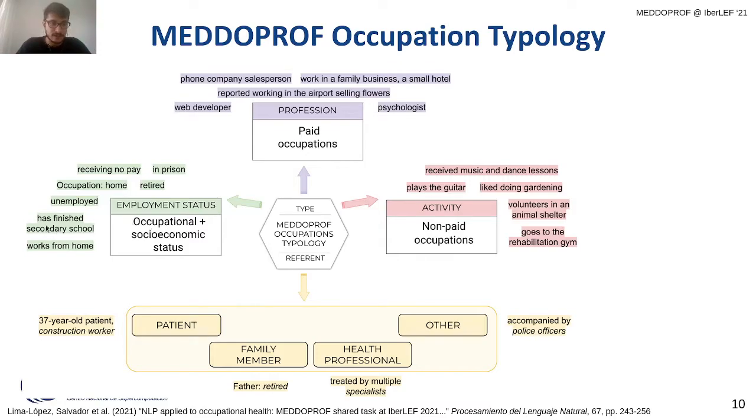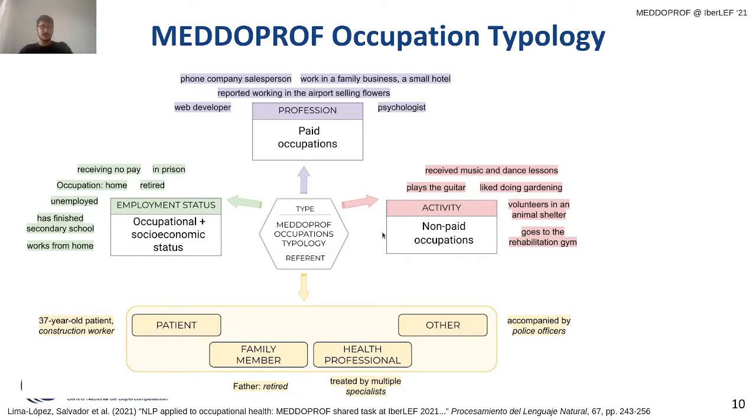For instance, has finished secondary school, works from home, which I showed earlier, receiving no pay, mentions about being in prison, and there are also some mentions that are semi-structured, such as occupation home. And finally, we have activities, which are non-paid occupations, and they're mostly hobbies and similar stuff. For instance, playing the guitar, doing gardening, volunteering, etc.